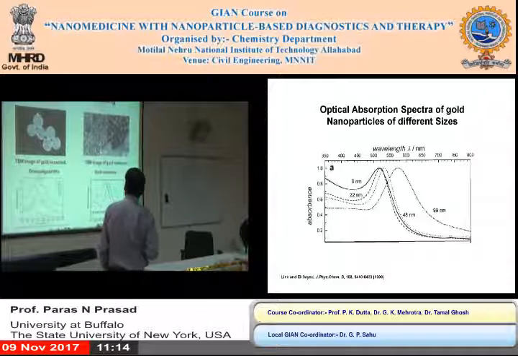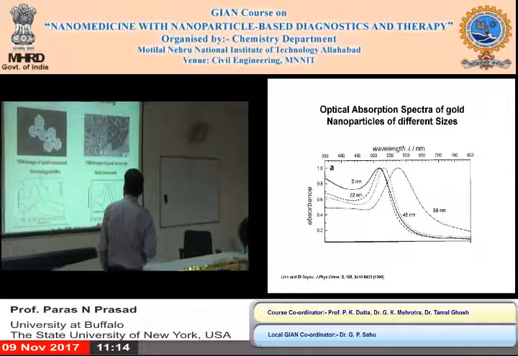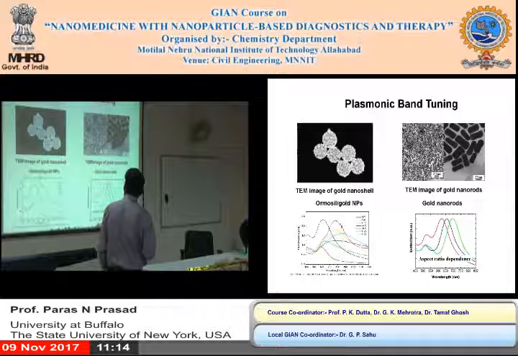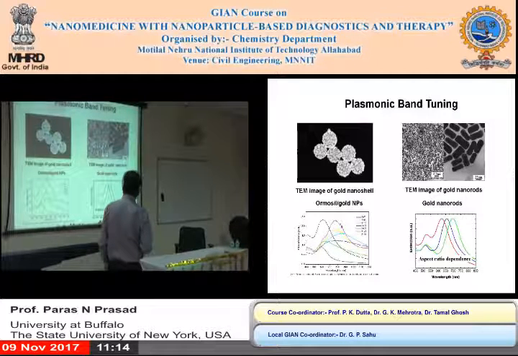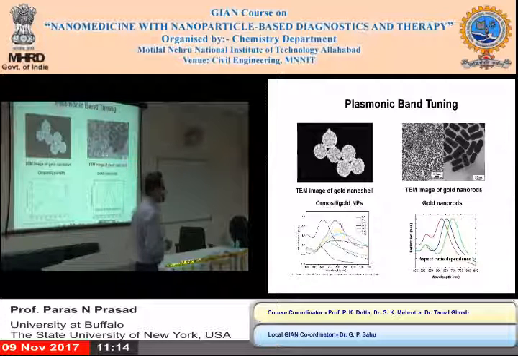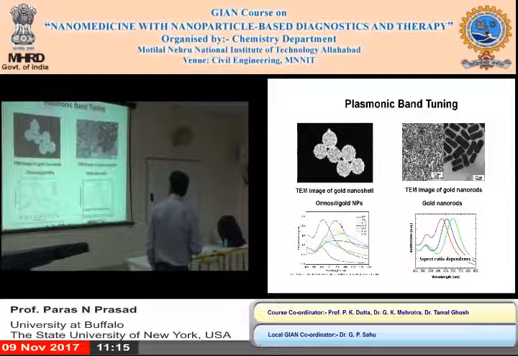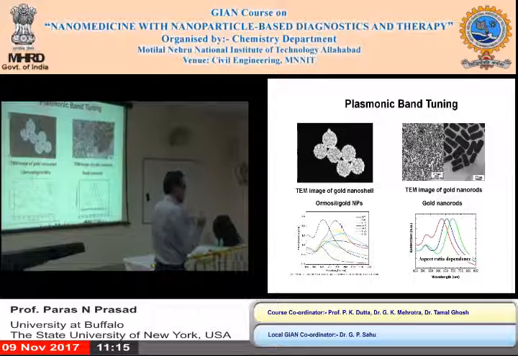But if you use them in a core shell structure, with a core of organically modified silica and a lot of gold nanoparticles, then their plasmon resonance shifts, and the shift is related to the ratio of core to shell thickness. So you can tune the wavelength of this optical resonance by varying the core shell structure and ratio.